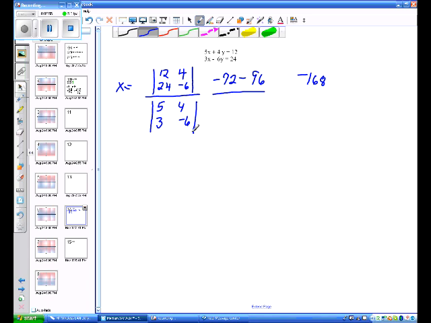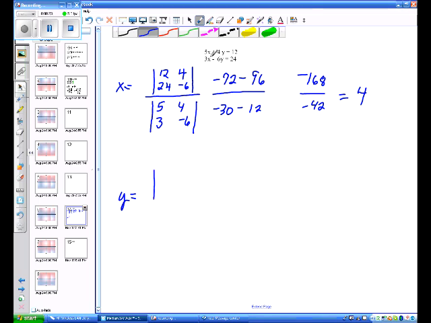Okay, for our denominator, it would be negative 30 minus 12, which is negative 42. Now, if we divide negative 168 by negative 42, we get a positive 4. So x is 4. It's a very neat way of finding your x's and y's. And you find them independently, so one doesn't depend upon the other.